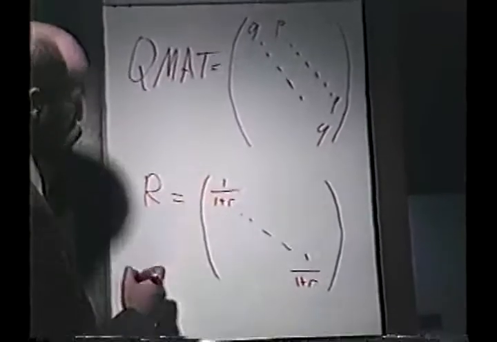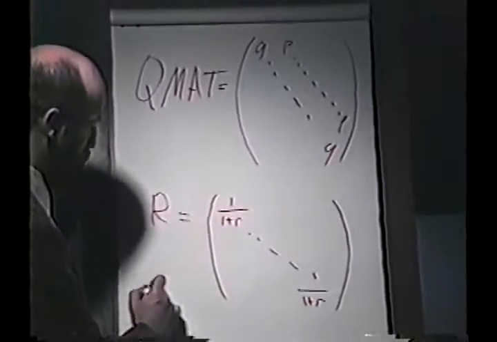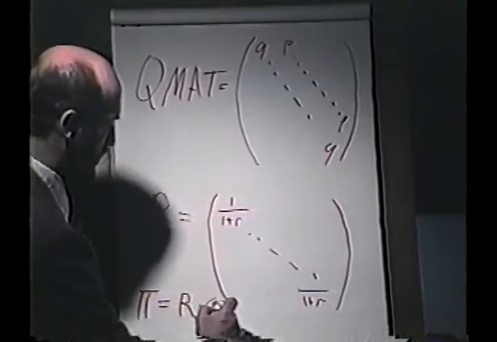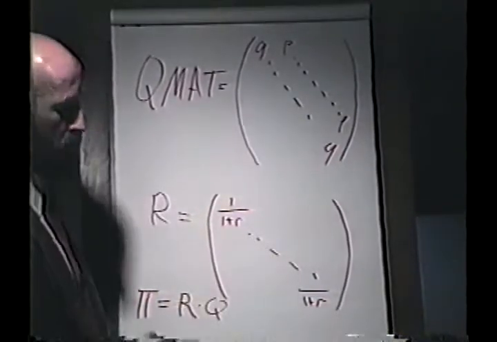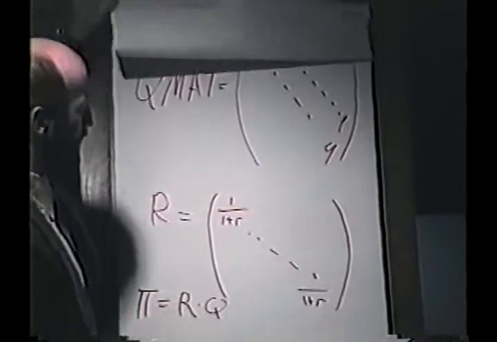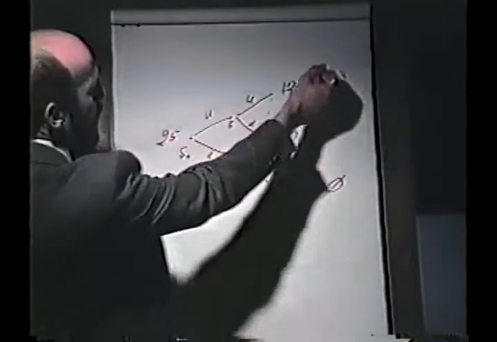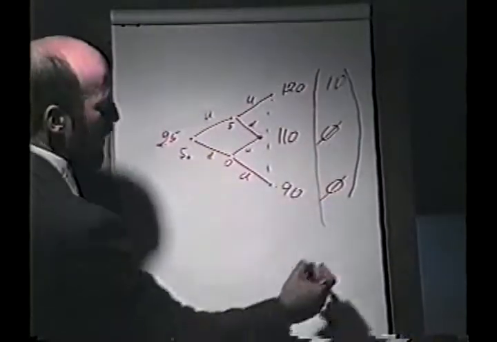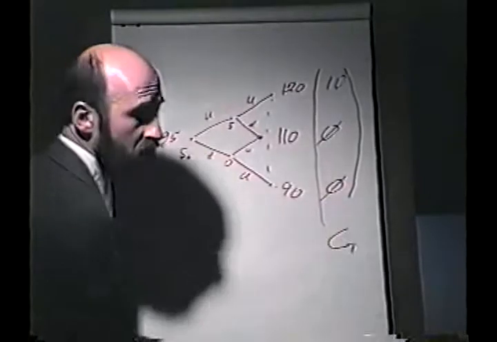Then I can define a transition matrix, which I can call phi, which will be just R times Q. Okay. Now, we have these two matrices. We have this final array of call prices. I'll call it P terminal.